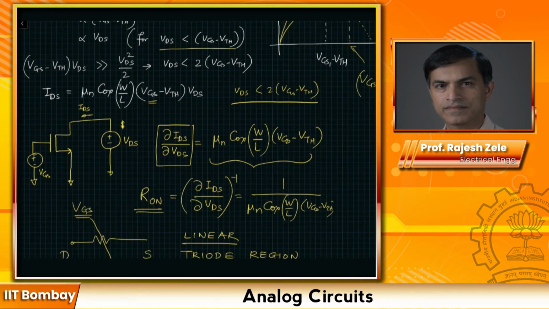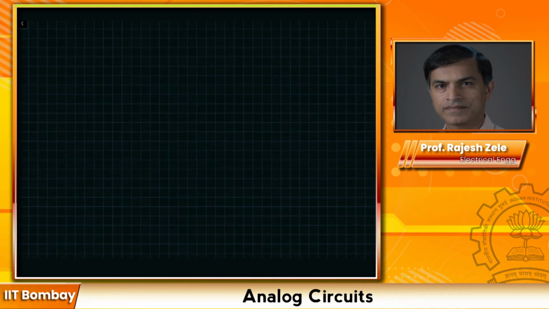And since it looks like a resistor, we say that the transistor is in linear region or triode region. In the previous discussion, we said that the drain to source voltage VDS is much smaller than VGS minus VT, and that's when we call the transistor to be in triode region or linear region.